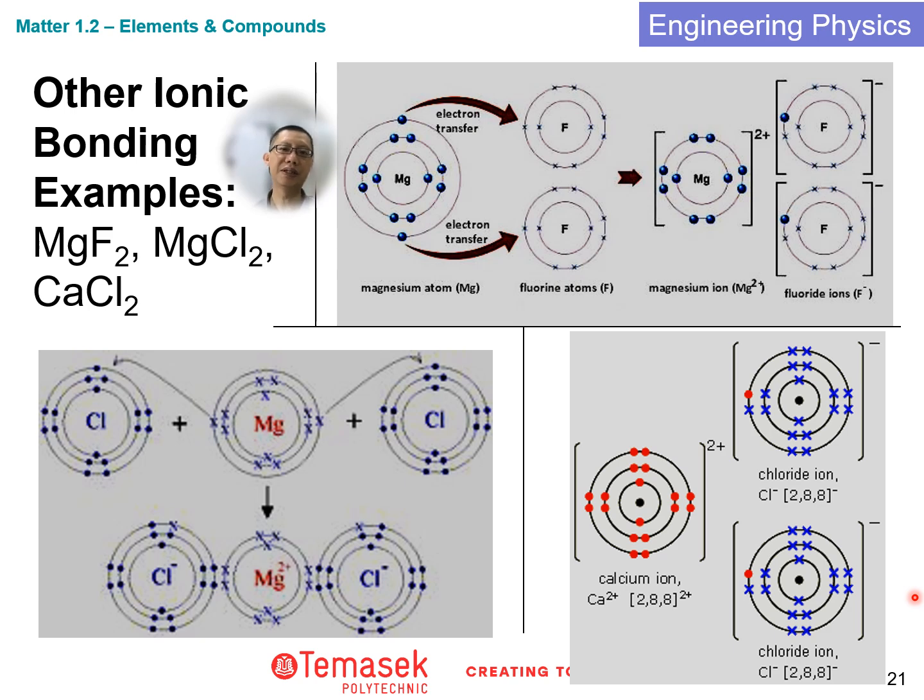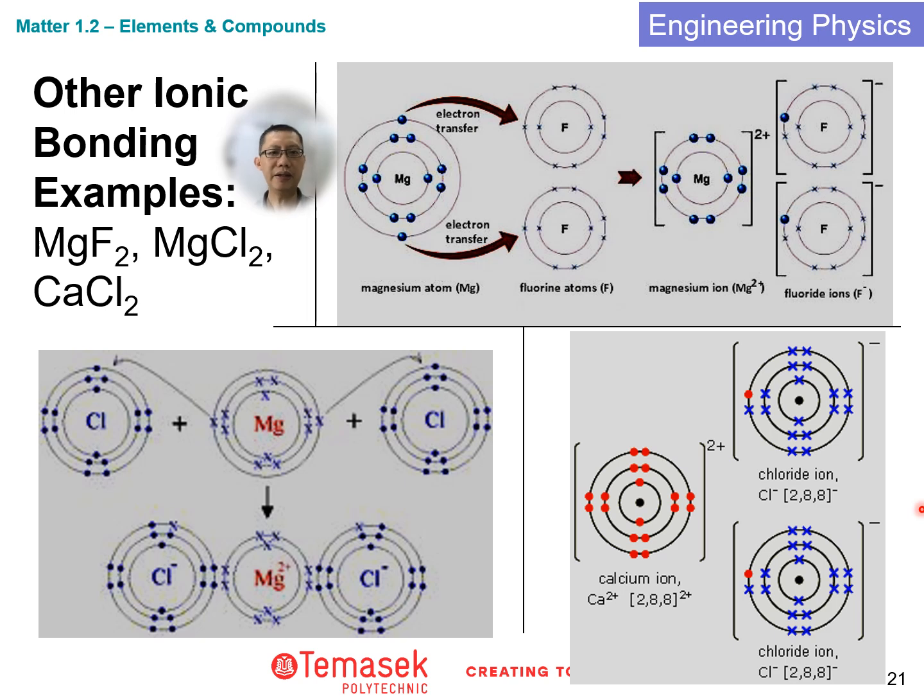Here's what happens during this electron transfer. Calcium loses its 2 outer electrons, becoming a Ca2+ ion. Each chlorine atom, needing 1 electron to complete its octet, gains 1 of calcium's electrons and becomes a Cl- ion.